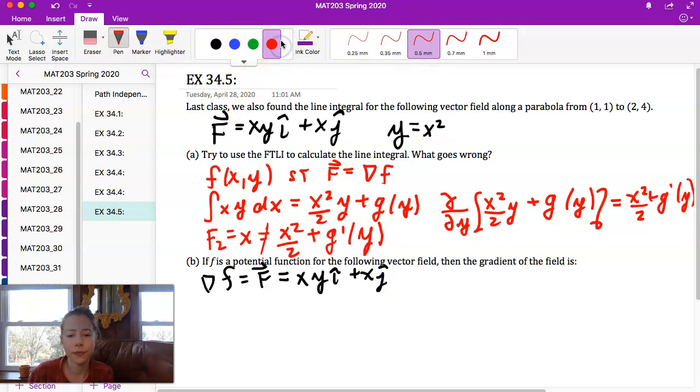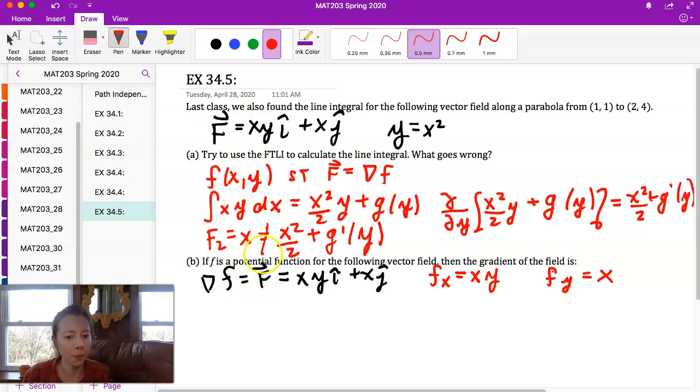So in this case, it tells us that the partial derivative with respect to x is going to be xy, right? Definition of gradient function. And our partial derivative with respect to y is going to be x, which is just our f sub 1 and our f sub 2. So now let's try out something else to see if there is a way to find a potential function. Is there any way this would work?